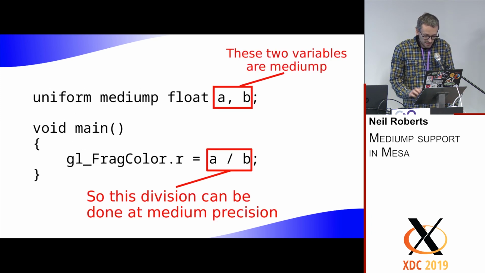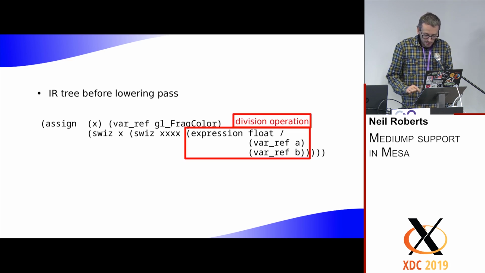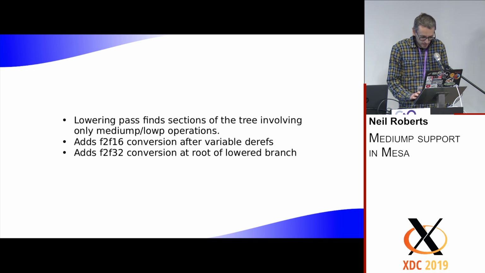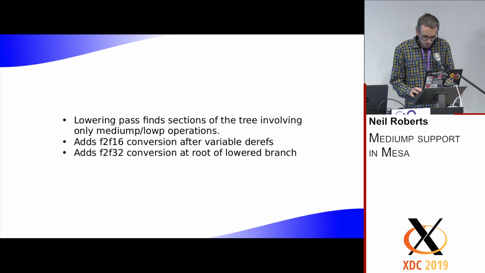So for this example here, this is the IR that gets generated. There are 2 variable dereferences there, and those both are used in a division operation. And you can see here this division operation is done with a 32-bit float. So after the lowering pass, the lowering pass is going to scan through the IR tree and look for any parts of the tree that are only involving Mediump or low P operations.